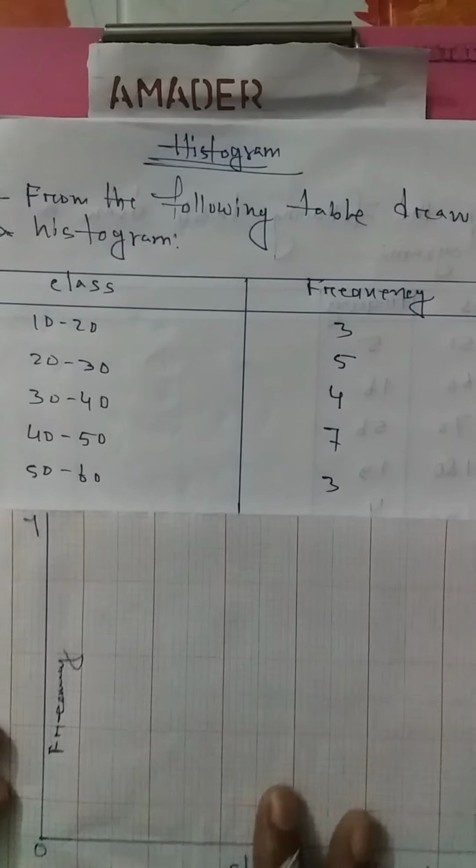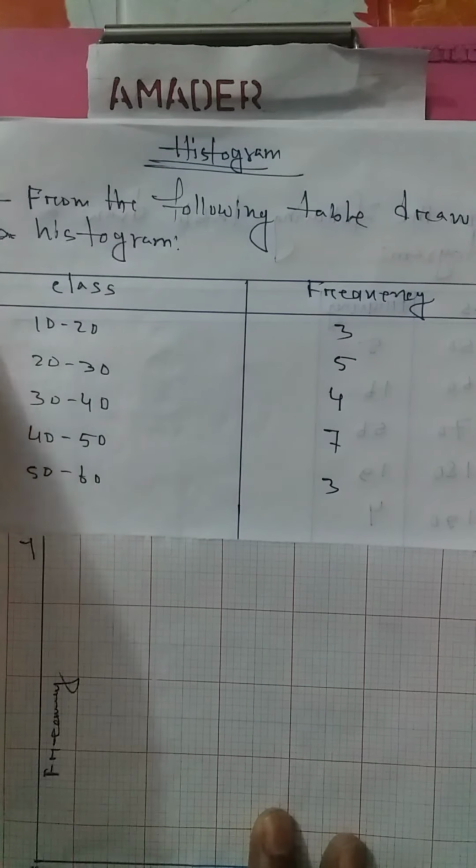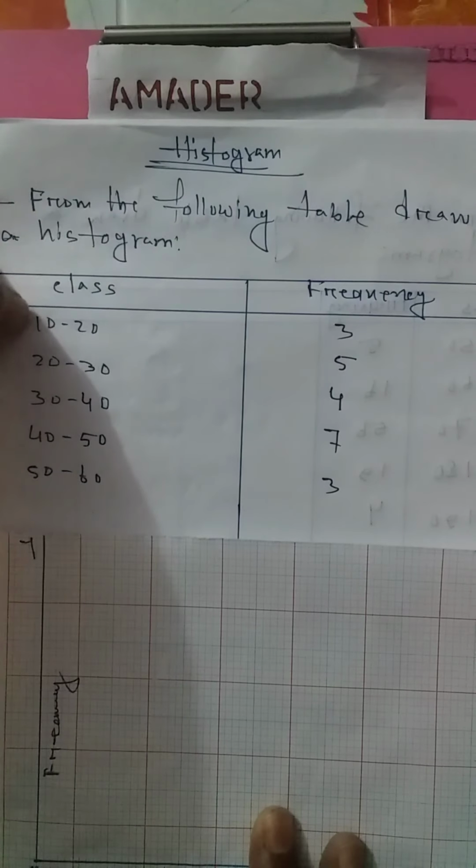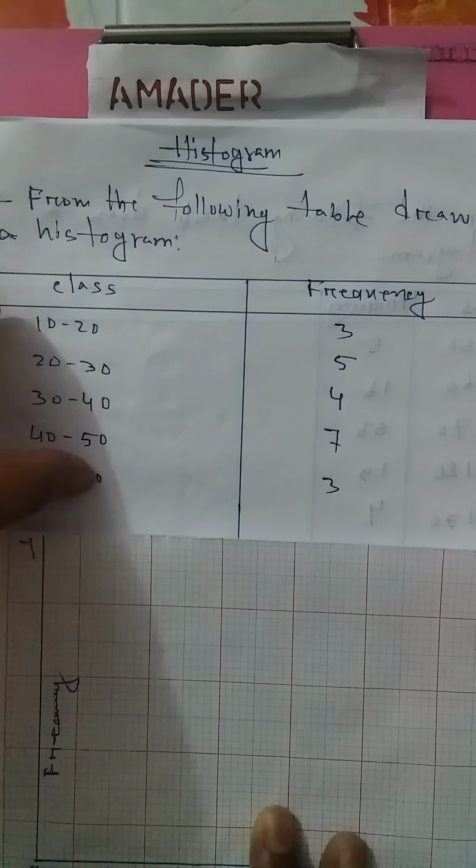Then you follow the table. Classes 1, 2, 3, 4, 5, 6. Lower limits 1, 2, 3, 4, 5, 6.